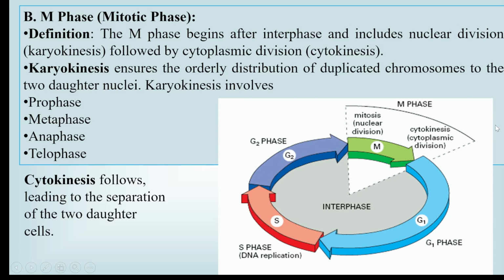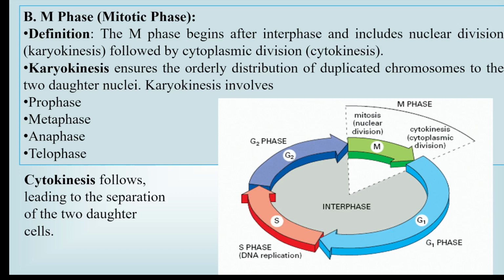So you can see here, after finishing the interphase, that single cell goes into the M phase. In the M phase, first the division of the nucleus, called karyokinesis, takes place, and after finishing karyokinesis the cytoplasm gets divided into two equal halves, called cytokinesis. Karyokinesis is the orderly distribution of the duplicated chromosomes to the two daughter nuclei, and it contains prophase, metaphase, anaphase and telophase.